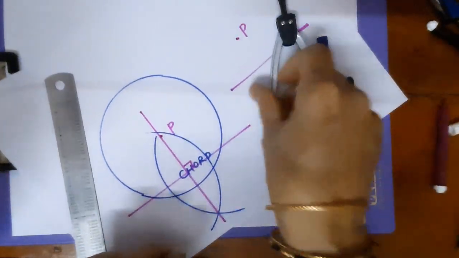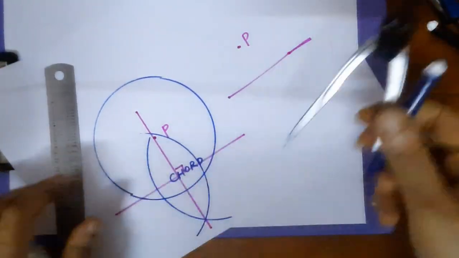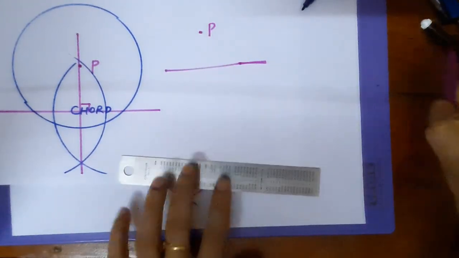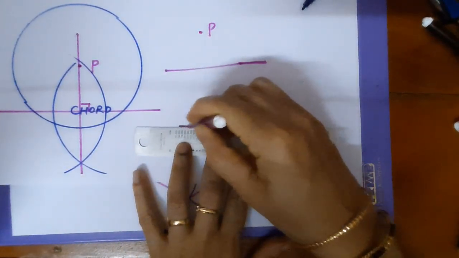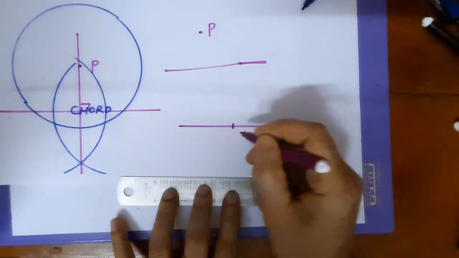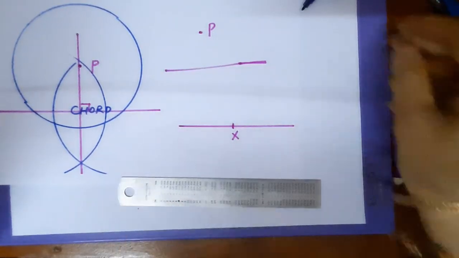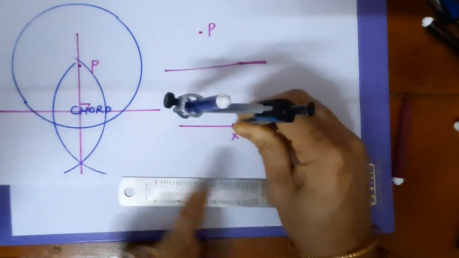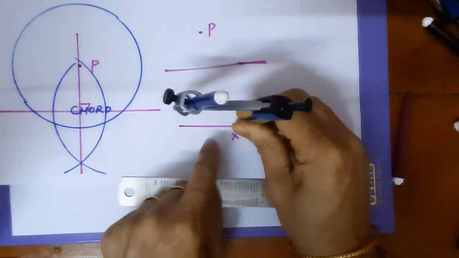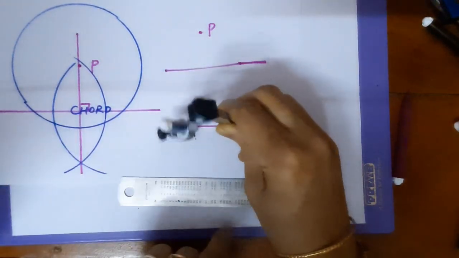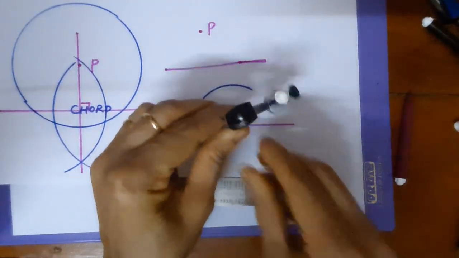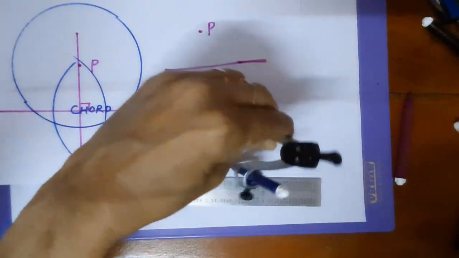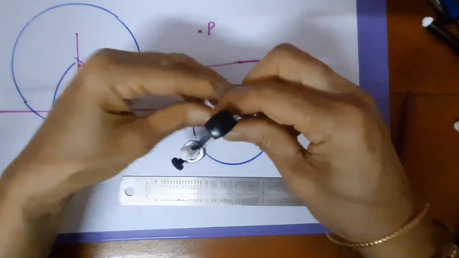Similarly, when the point is on the line segment, say a line segment is given and there is a point X given, on that time also we start from the same point and we are supposed to draw a perpendicular to the same line. So we make this a chord of the circle by drawing an arc on the same line segment. The point is on the line.